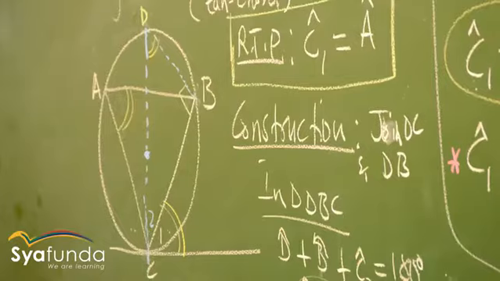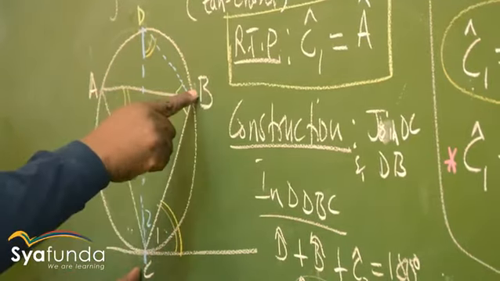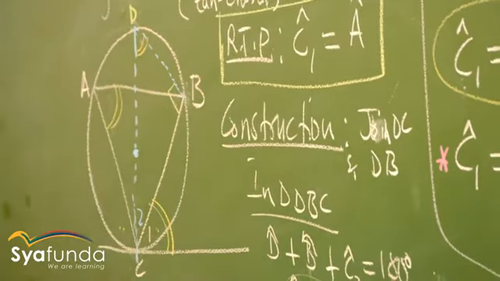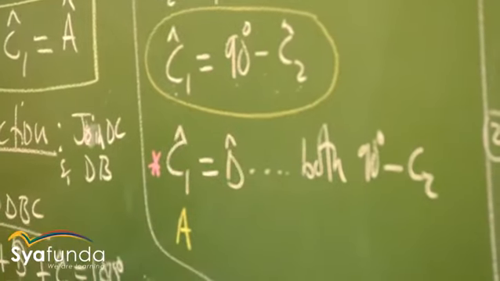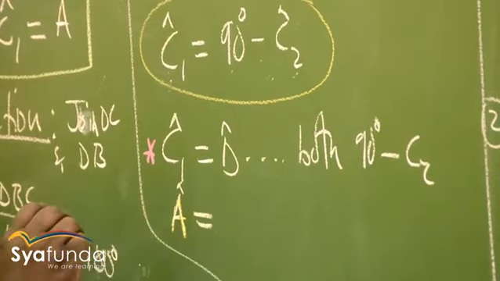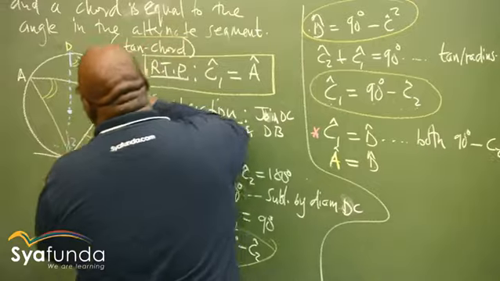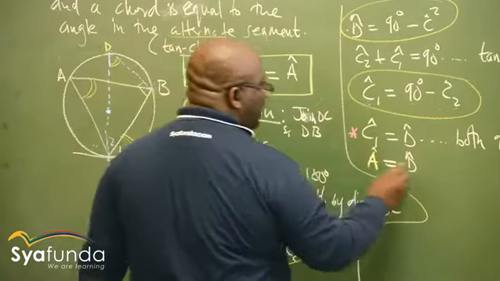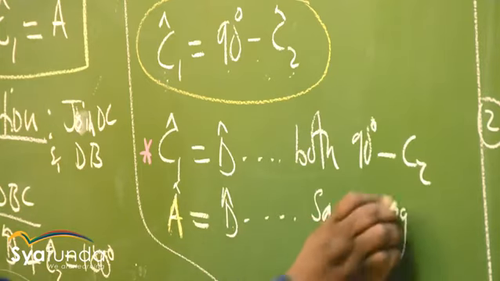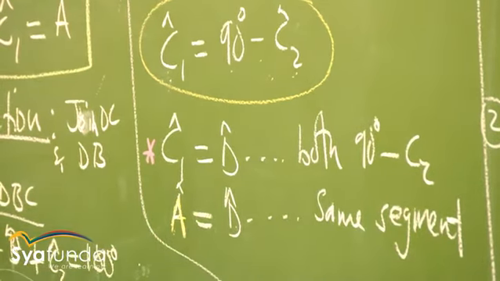Angle A is the same as angle D. Why? They are subtended by the same arc or the same chord, or we just call them angles in the same segment.